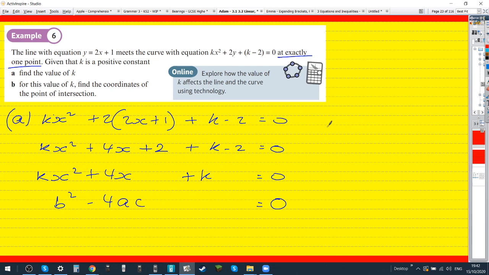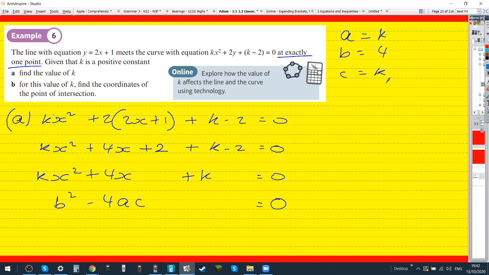So then you substitute what a, b, and c are into there. A is the coefficient of x squared. So would it just be 1k? Yeah. Or just k. A equals k. B equals 4. C equals k.